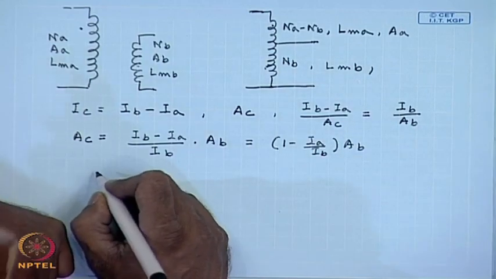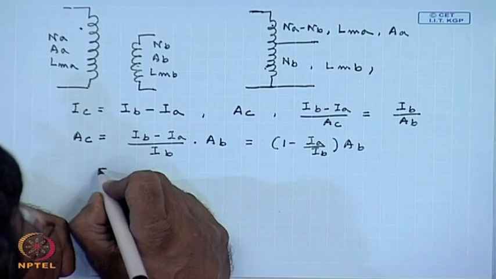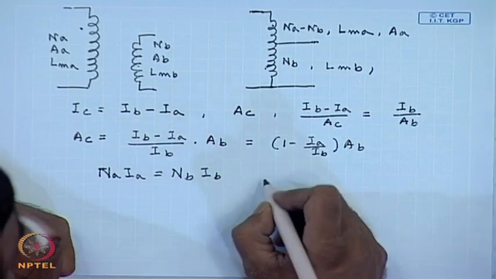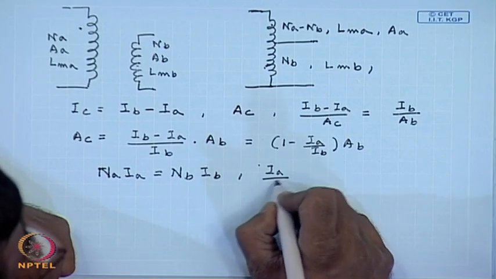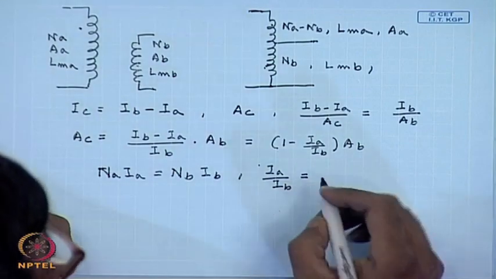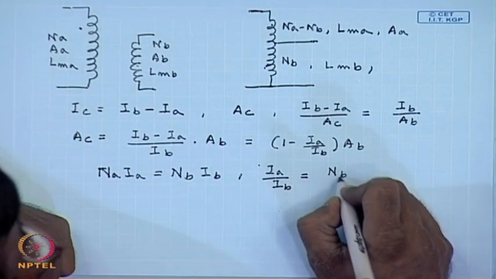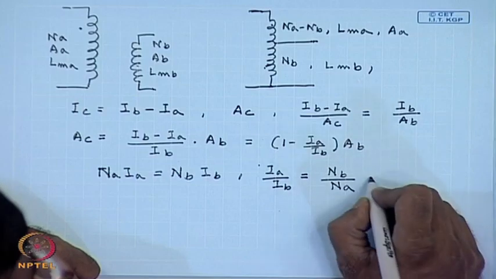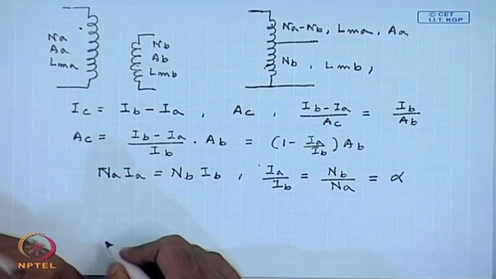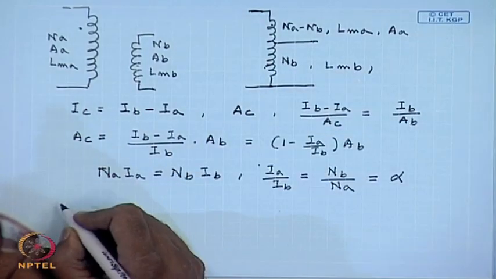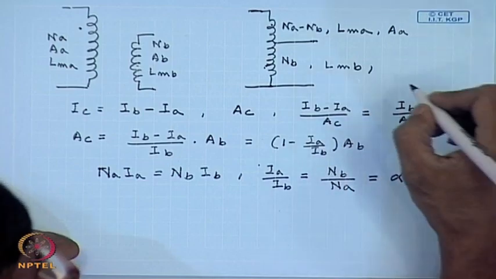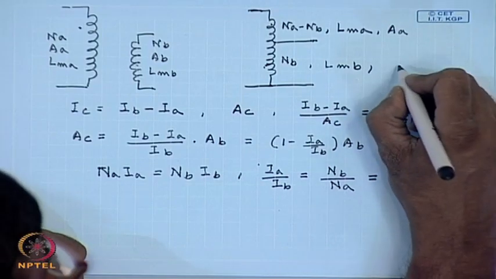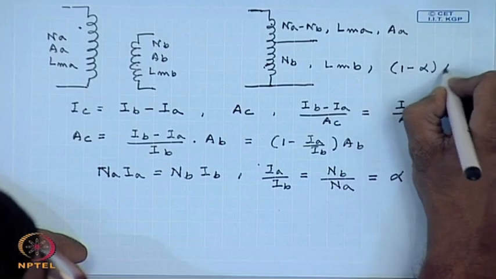But we have seen that for negligible magnetization current NA IA equal to NB IB, hence IA by IB equal to NB by NA equal to alpha. Therefore, the cross sectional area of the lower part of the autotransformer will be one minus alpha into AB.